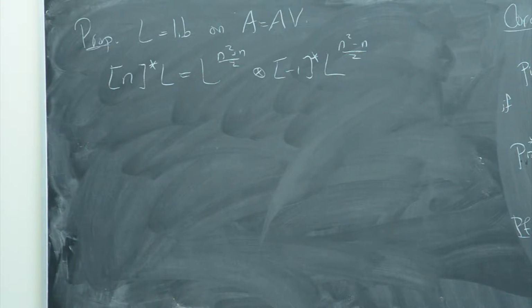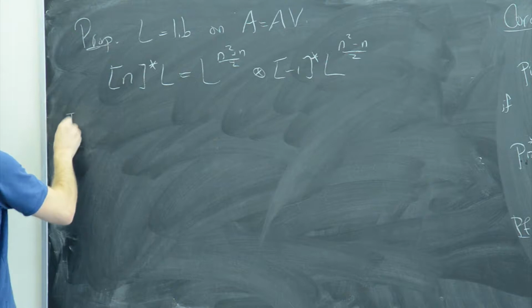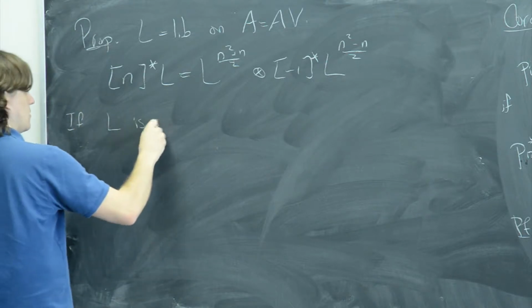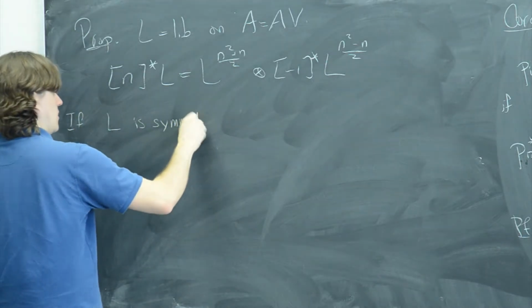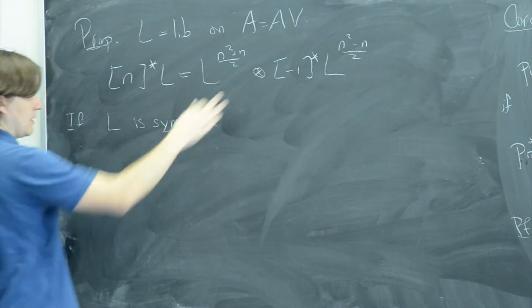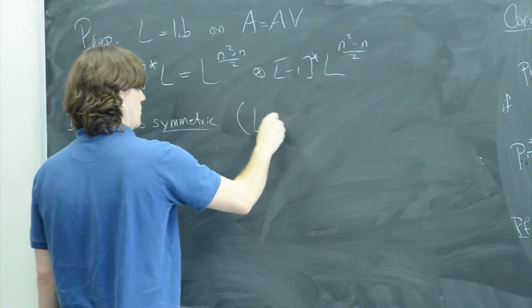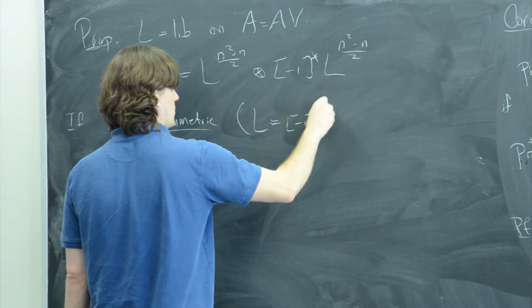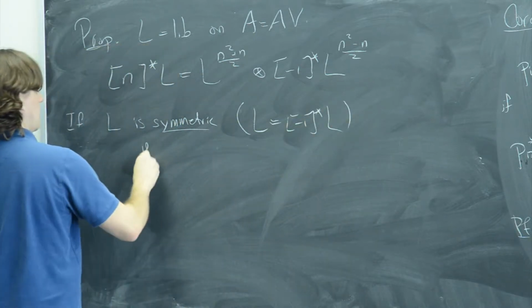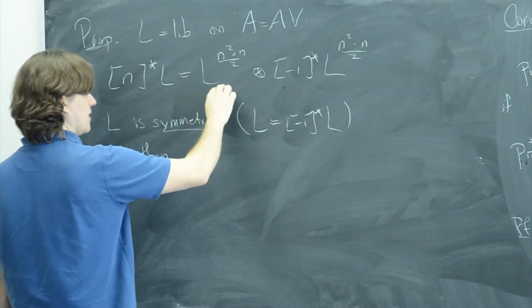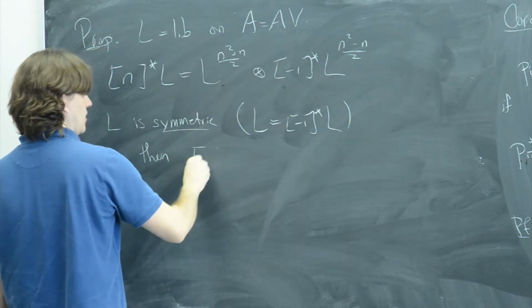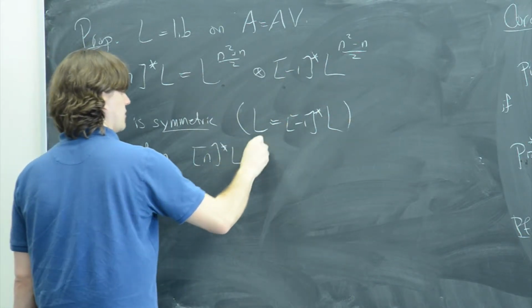And so two cases that are important to notice. If L is symmetric, meaning it's pulled back by minus 1 as itself, then this thing becomes the same as that, and so you can just add the exponents, and you find that n star L is L to the n squared.